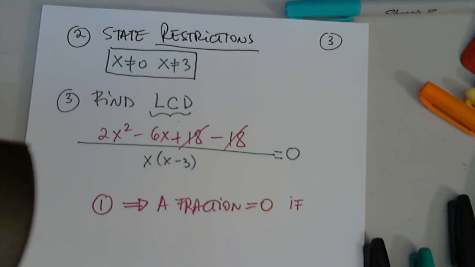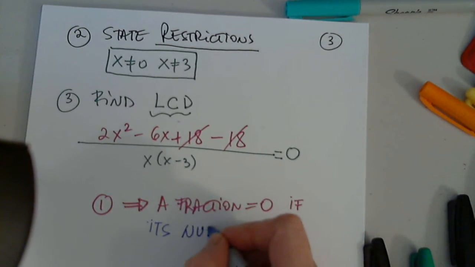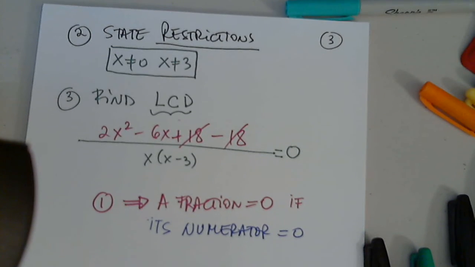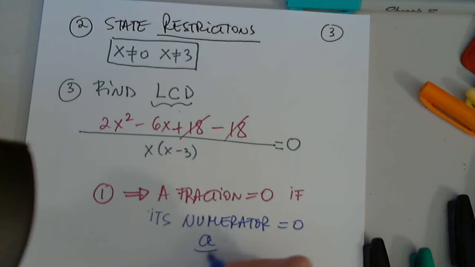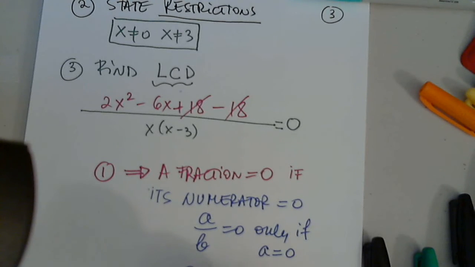Okay, can anyone tell us then? If it has 0 in the numerator, it's 0, very good. If its numerator equals 0, of course. So a fraction a divided by b is 0 only if a is 0. What about a fraction that has b, the denominator, equal to 0?